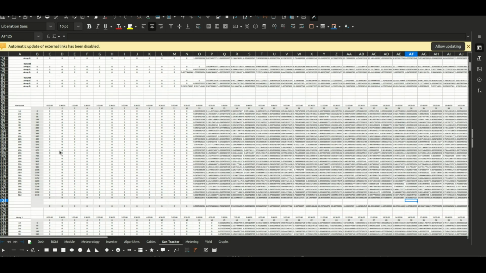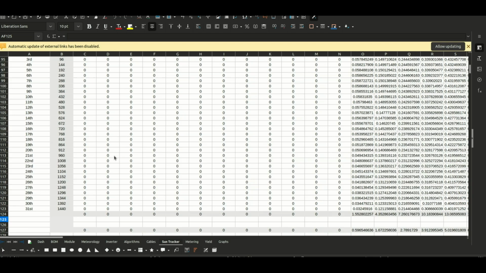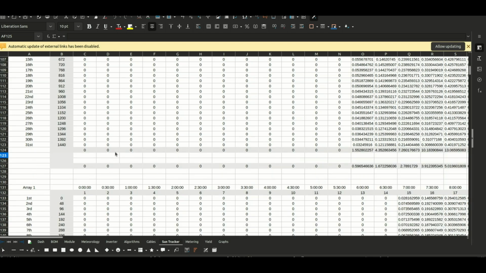The only figure then I can't calculate is the shade on an array. That is very variable because, you know, we've got a row of panels that could be 10 meters long, and the shadow on the first panel is irrelevant to the shadow on the last panel 10 meters away. Completely irrelevant. I don't know if anyone's published it.